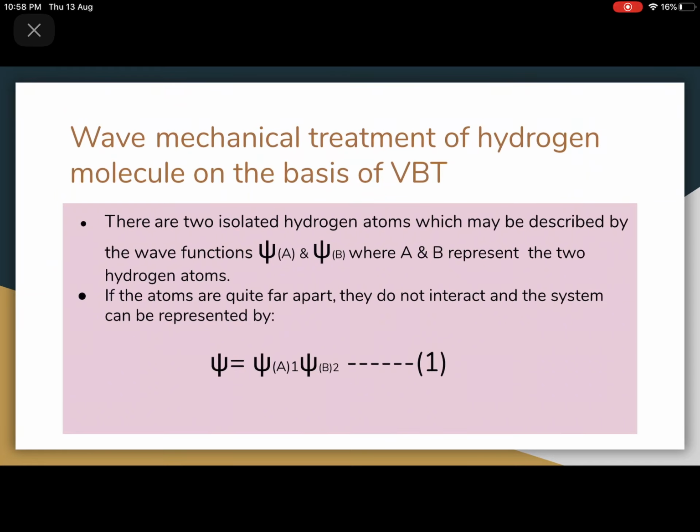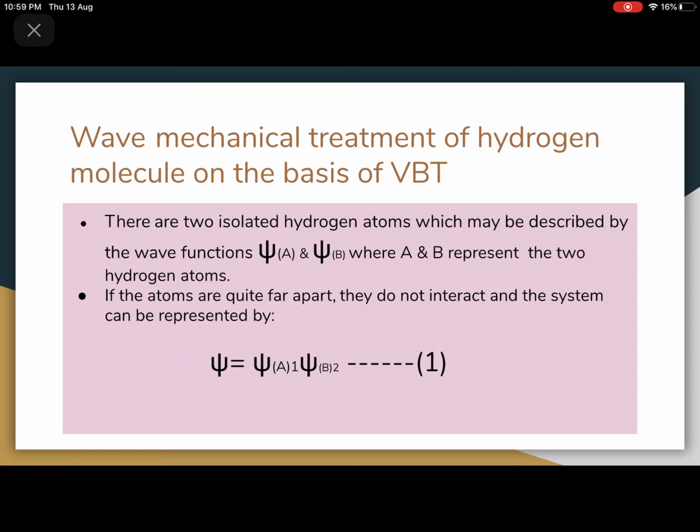Next is the wave mechanical treatment of the hydrogen molecule on the basis of valence bond theory. There are two isolated hydrogen atoms which may be described by the wave functions psi A and psi B. Psi A stands for the wave function for hydrogen atom A, and psi B stands for hydrogen atom B, and these both hydrogen atoms are isolated.